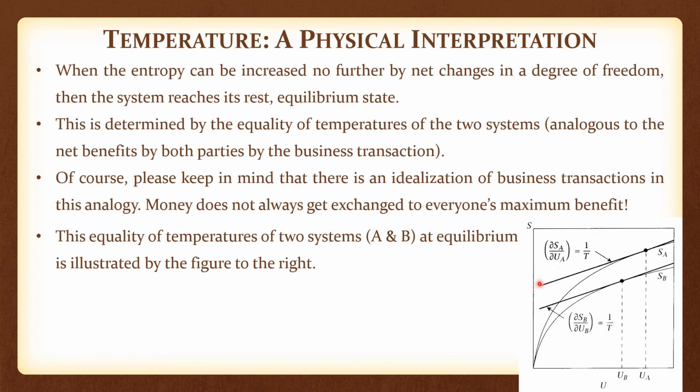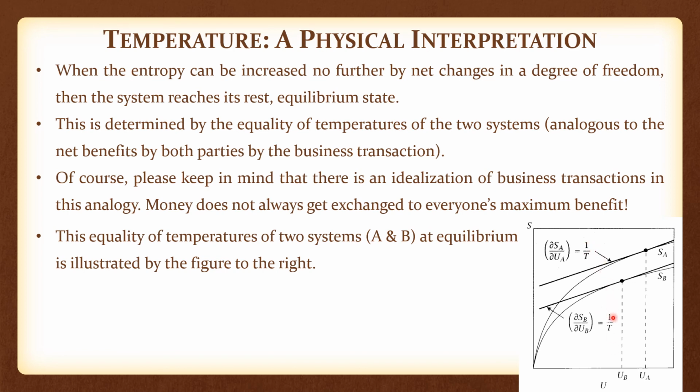What is true is that the slope ∂S/∂U for subsystem A is equal to the slope ∂S/∂U for subsystem B. This is what you look for, and if you draw slopes at different points similarly for both curves and see where the slopes match, that is where the systems reach equilibrium, because there is no additional driving force.